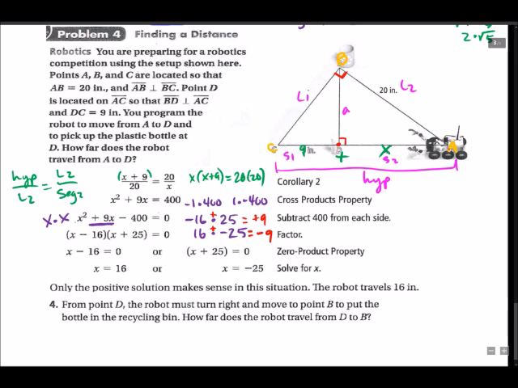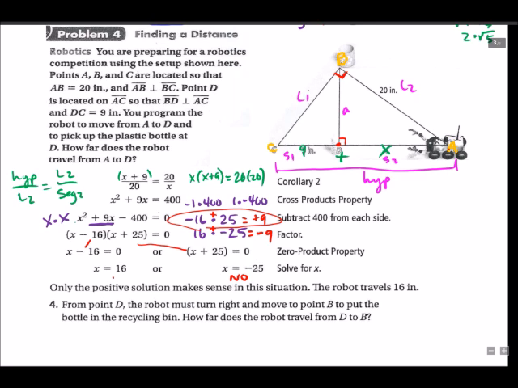This one makes a negative 9. So we want the one that makes a plus 9. So x minus 16, x plus 25. You set each factor equal to 0 and solve. So x equals 16 or x equals negative 25. No, you can't have that. No negative distance. So x has to equal 16.